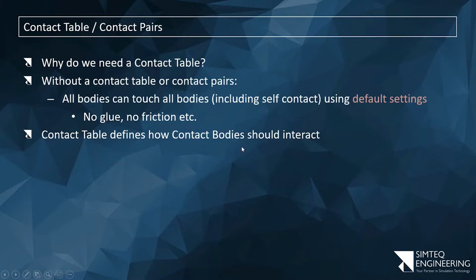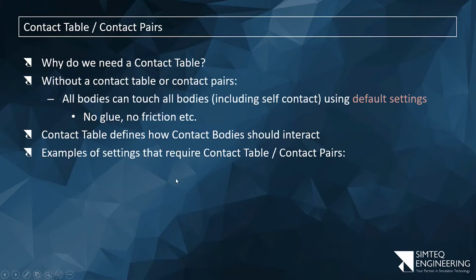The moment I add a contact table, I have to define it for every pair of bodies, all body pairs, not just the ones I want to change. Okay, so some examples of what we can do with a contact table that's not possible to do without it is glue contact, interference fits. I'm not talking about meshes that overlap, but there's special interference methods available.